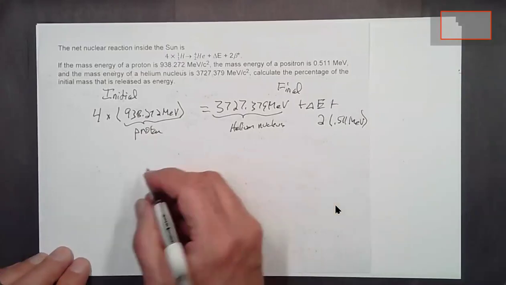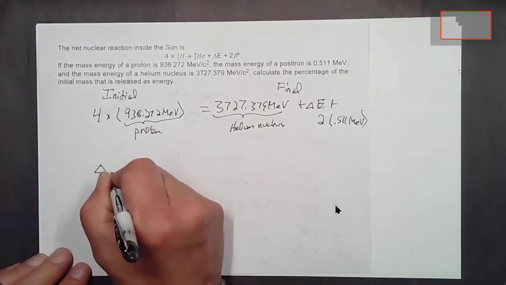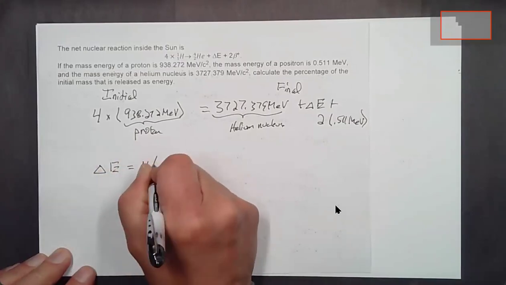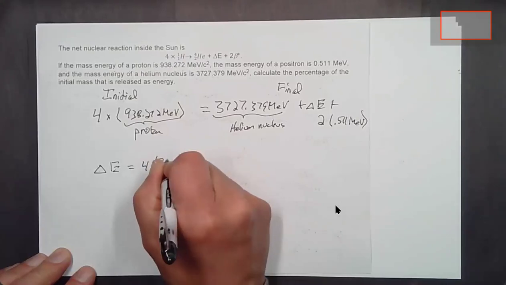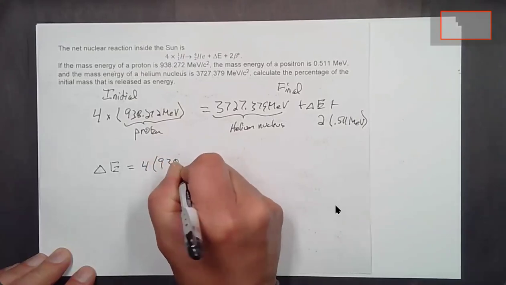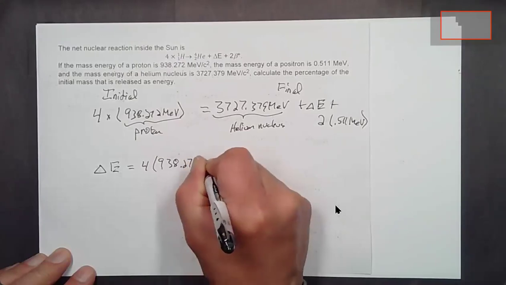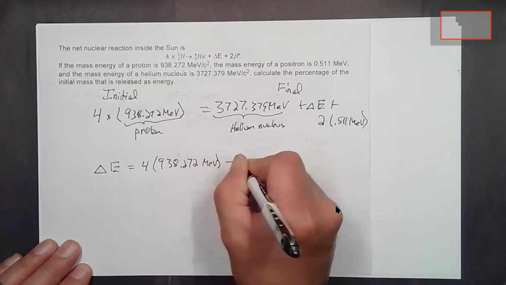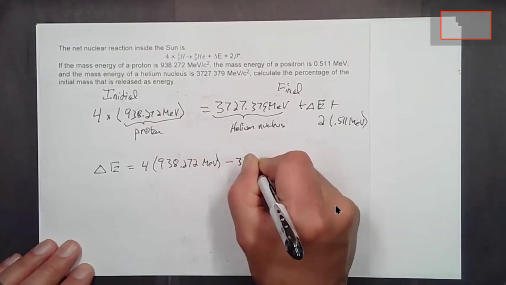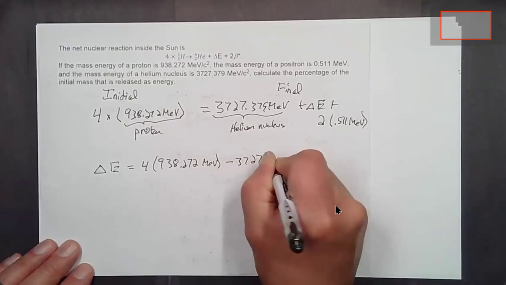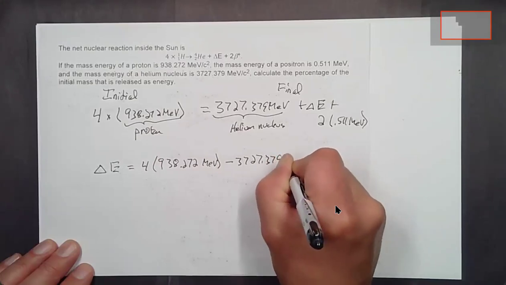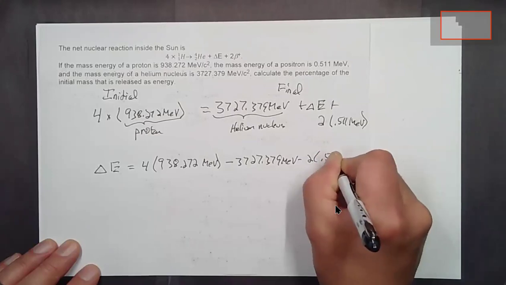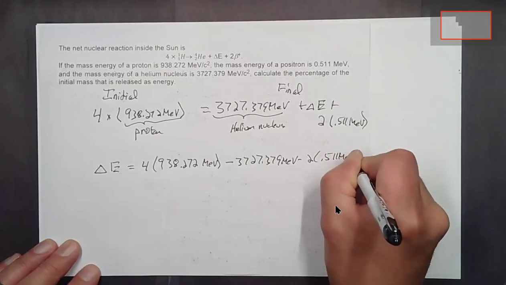So the delta E, if we solve for that, it'll end up being 4 times that 938.272 MeV minus 3727.379 MeV minus 2 times 0.511 MeV.